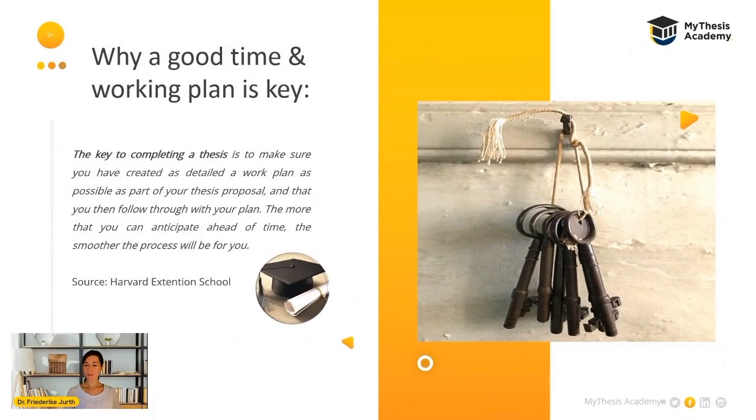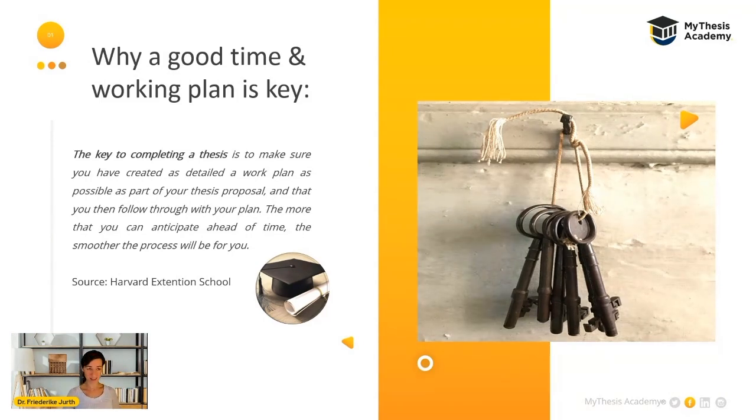To warm up, I provide a little citation for you that I took from the Harvard Extension School, where they define why a good management and a smart time and working plan is one of the keys for your thesis.